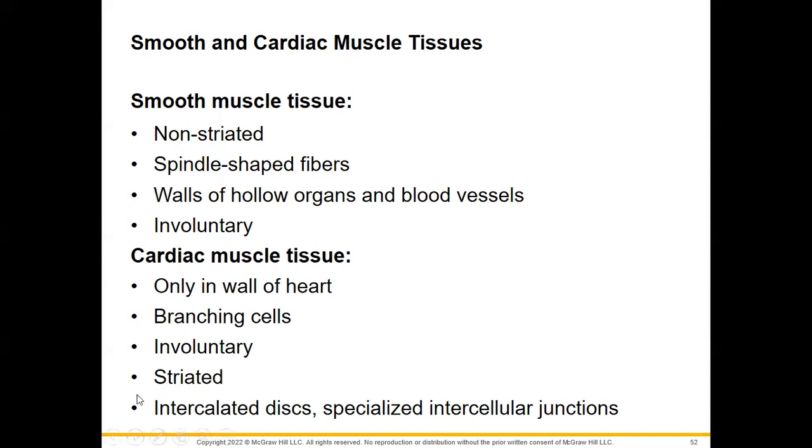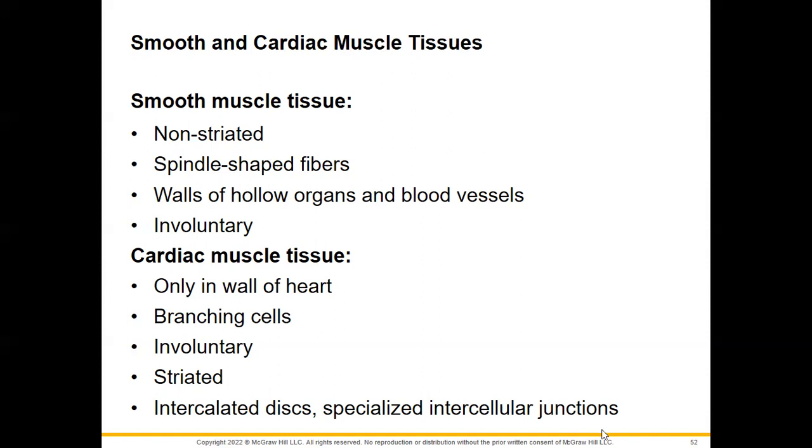These cells are also going to be striated. So if you see muscle cells under the microscope, and you see striations, you can automatically know that it's either going to be your cardiac muscle or your skeletal muscle, because smooth muscles do not have striations. Another unique thing about cardiac muscle tissue is they have intercalated discs.